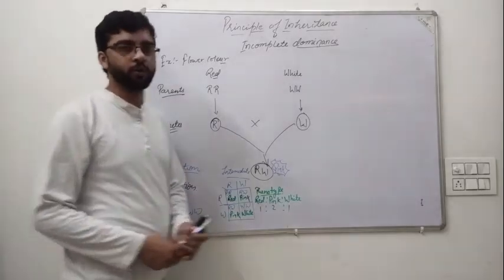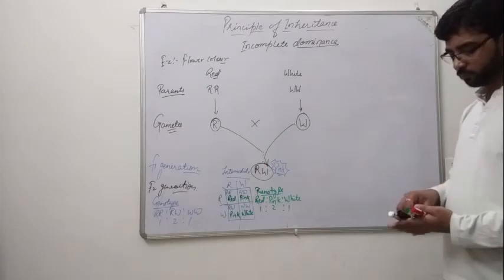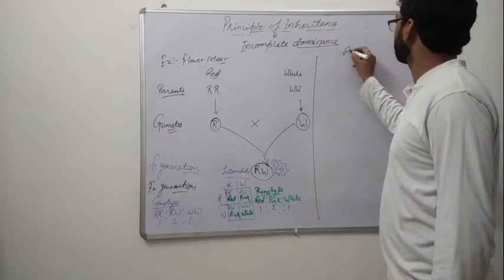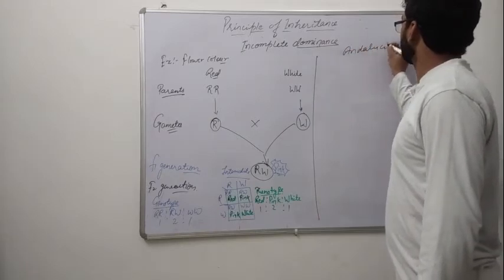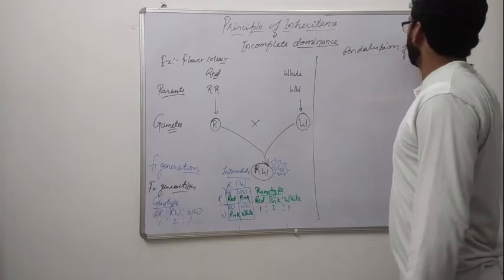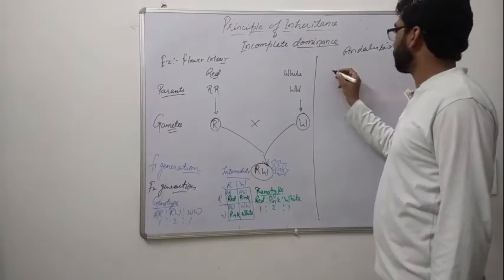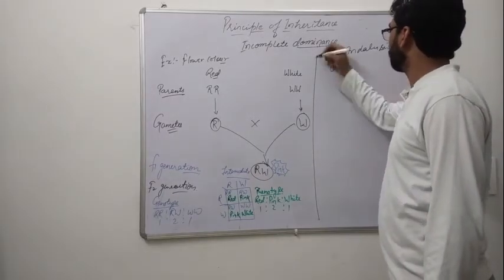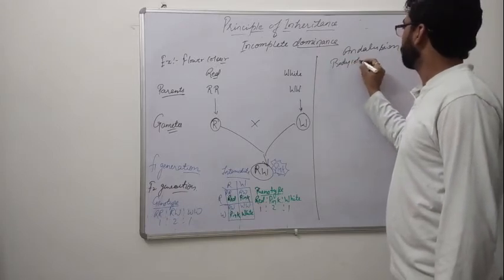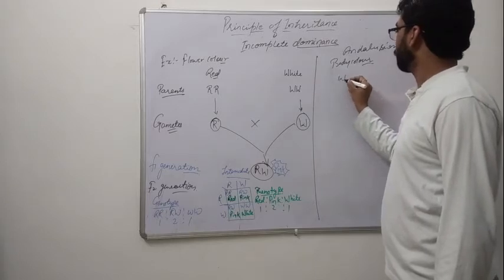Now we do our next cross with the fowl. Next example, the Andalusian fowl. The Andalusian fowl has two types of color. First is the body color, white.